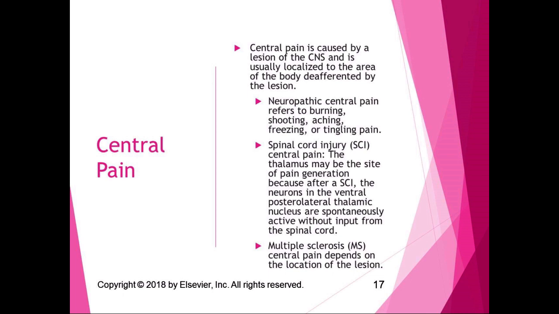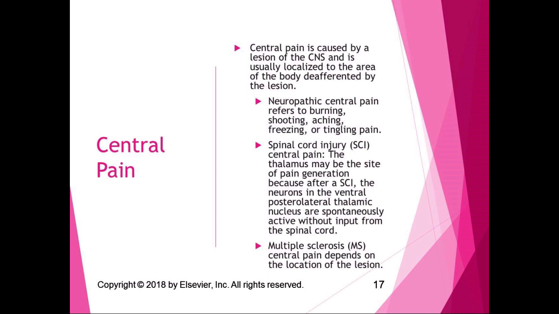Central pain that's caused by a lesion of the central nervous system is usually localized to the area of the body that is deafferented by the lesion. Neuropathic central pain usually refers to burning, shooting, aching, freezing, or tingling pain.